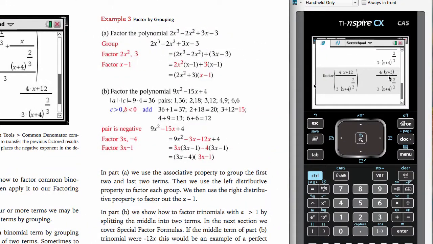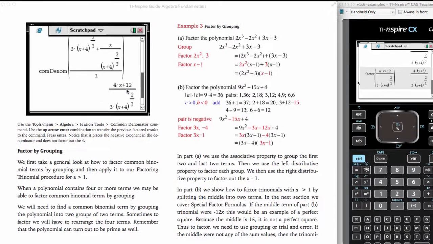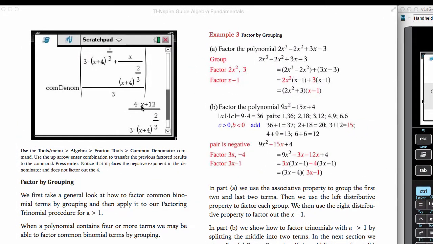So I went ahead and used factor twice, because once I got the answer with the common denominator, the factor could do some good for us. So again, you sometimes have to manipulate this stuff, or do a hybrid where you get an answer and you can factor out the 4, so you can see that your traditional mechanical way of doing the problem is the same as the calculator way of doing the problem.